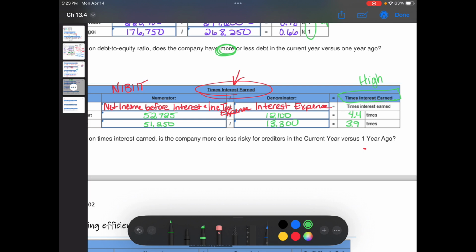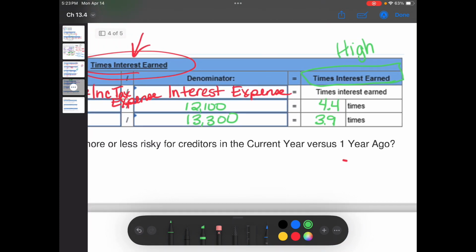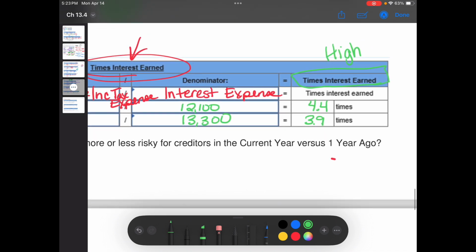Basically what we're saying is, is the profit coming in covering the cost of whatever loan I have? And yes, it is. Prior year was 3.9 times and this year is 4.4 times. So we want the number to be high, and in this case it actually increased, which is crazy. It went up, and so that's great.